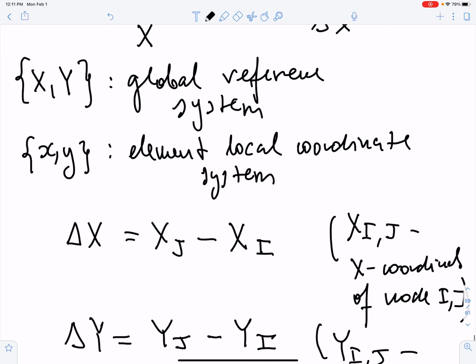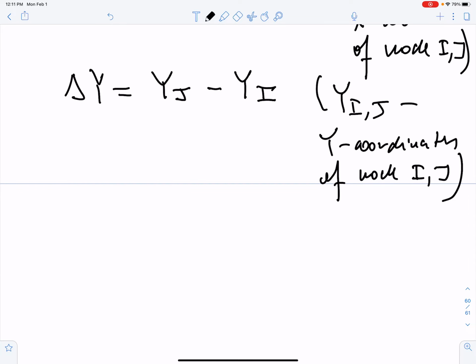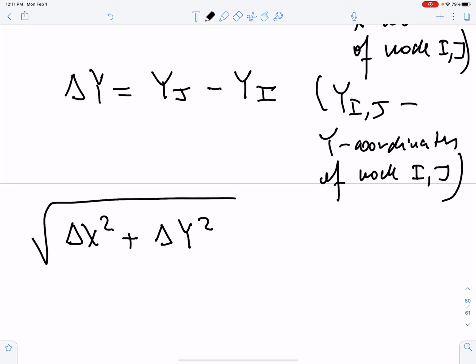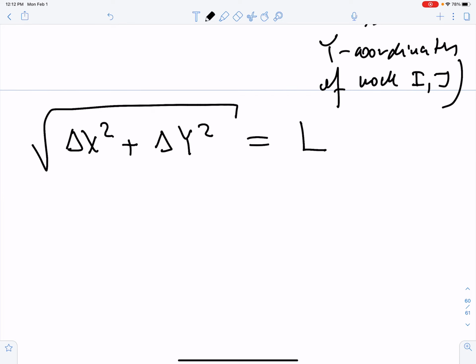So it's easy to see that if you take delta x squared, add delta y squared, and then take a square root, you get the length of the bar. Typically the problem statement will say the bar is somewhere in space, give the end node coordinates, and you compute the length from there.